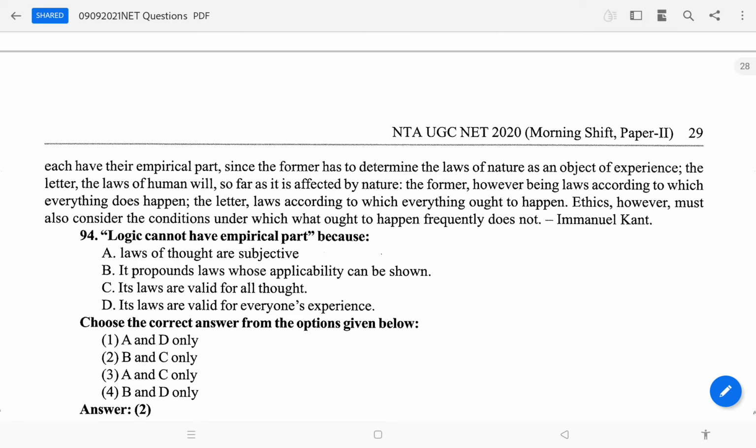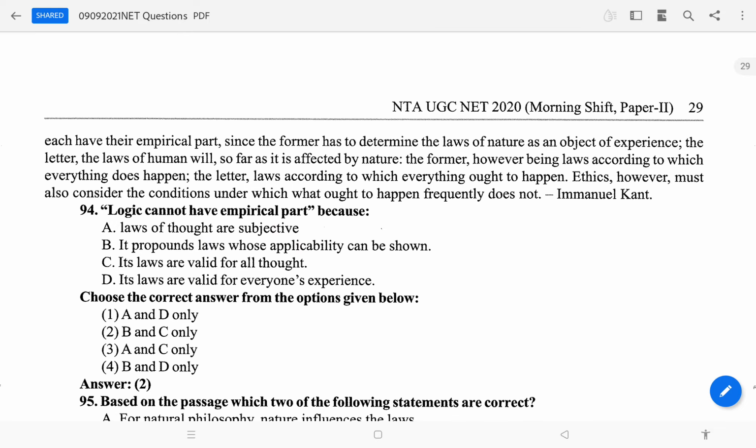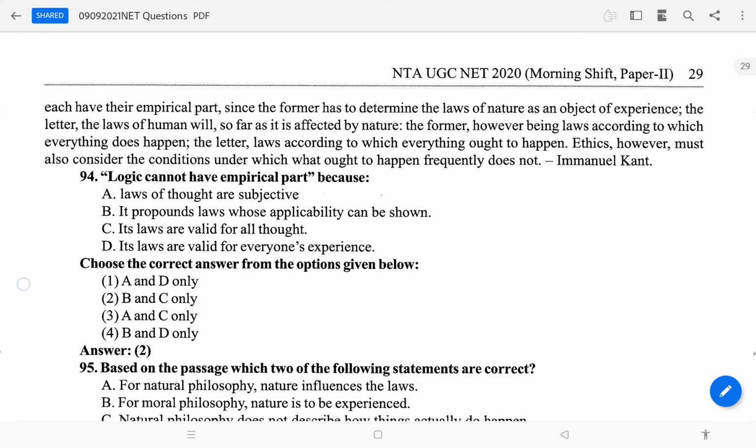Since the former has to determine the laws of nature as an object of experience, the latter the laws of the human will so far as it is affected by nature. The former being laws according to which everything does happen, the latter laws according to which everything ought to happen. Ethics, however, must also consider the conditions under which what ought to happen frequently does not. The essay was written by Immanuel Kant.